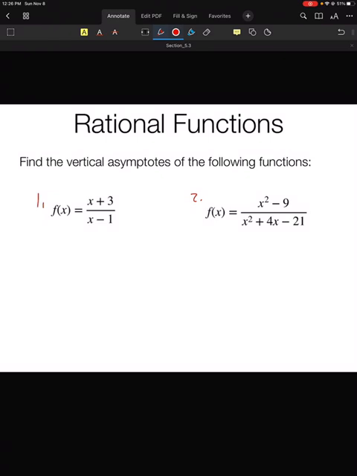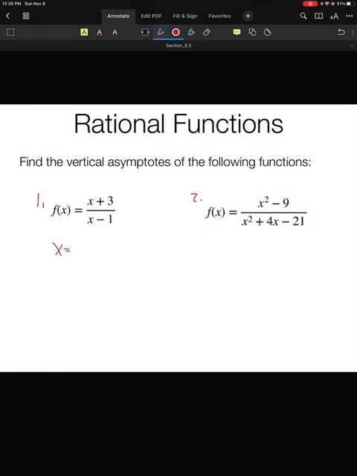So if we look at number 1, you first need to ask yourself, can we simplify this any further? The answer is no. We can't cancel out anything in the top and the bottom because x plus 3 and x minus 1 aren't the same thing. So we have our polynomial in lowest terms. Okay, so we set the denominator equal to 0.